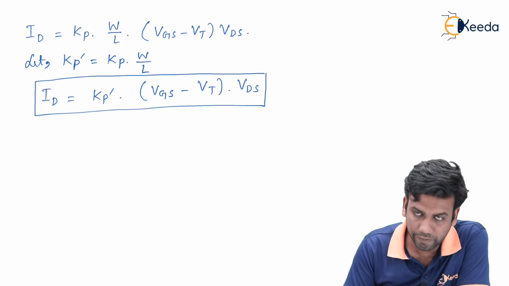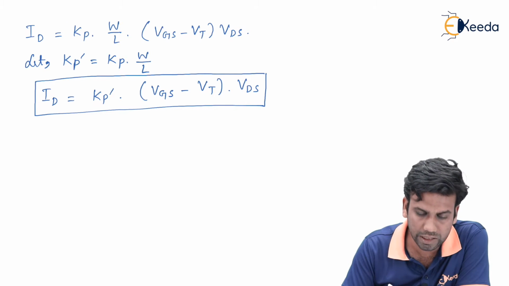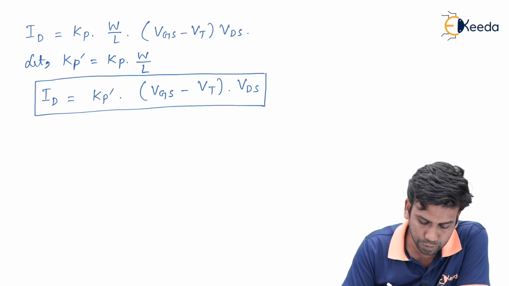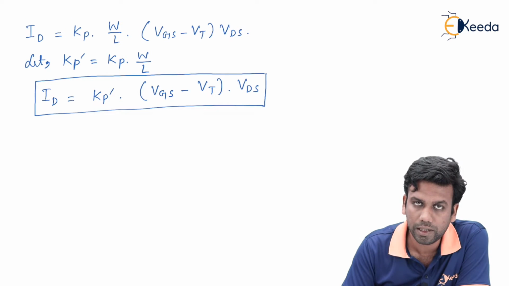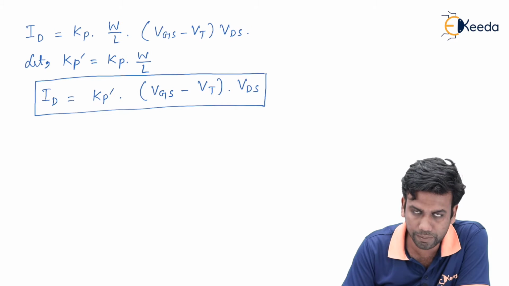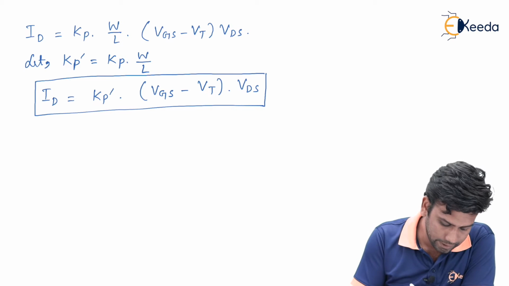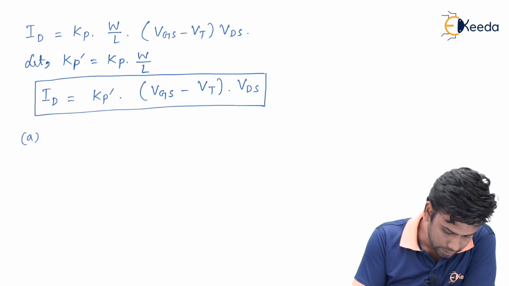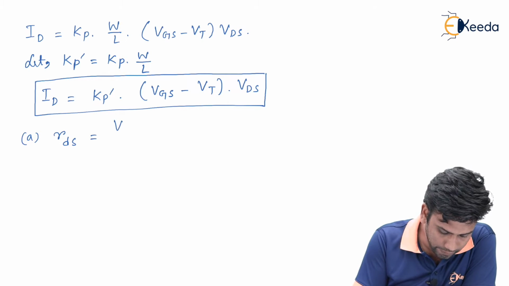Now we can find the value of transconductance, drain to source resistance and the output conductance of the PMOS, similarly to what we have done for the NMOS in the triode region. So as we know, the drain to source resistance RDS, or the channel resistance, is defined by VDS divided by ID.